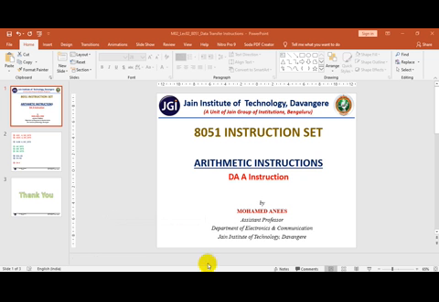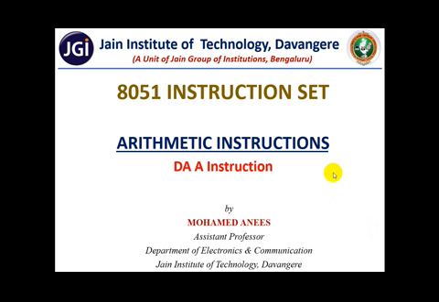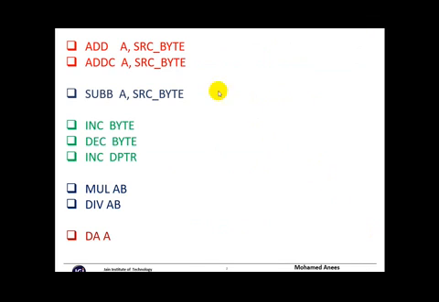So with this we end the arithmetic instructions of 8051. Let us summarize what we studied. We started with the addition instructions. We have two addition instructions. ADD A, source byte: the contents of the source byte are added with the contents of the accumulator and the result is stored back in the accumulator.